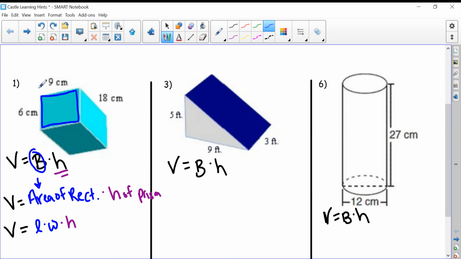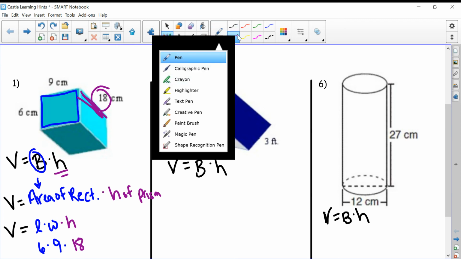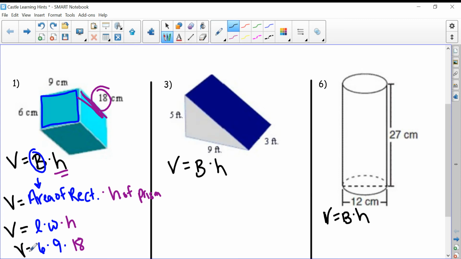So my length and width of my rectangle are 6 and 9, and the height of the prism is that guy right there, which is my 18. And then I simply multiply those three values together to get 972 centimeters cubed.